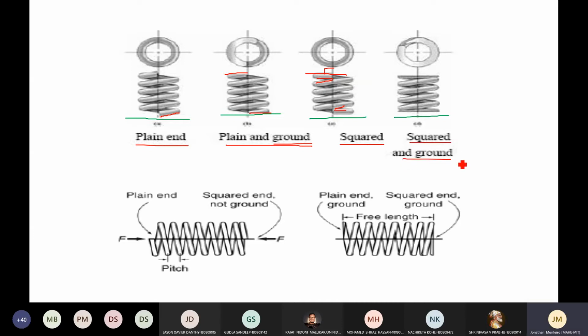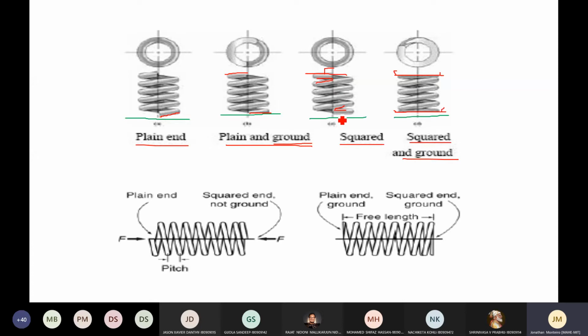And lastly, you can understand now what is squared and ground. You are doing both the squaring and totally grinding the surface such that the entire spring will stay as it is on its seat. Okay, very stable. But one disadvantage that we have in this is, since it is square and ground, as I already told you, the last coil may touch the adjacent coil.